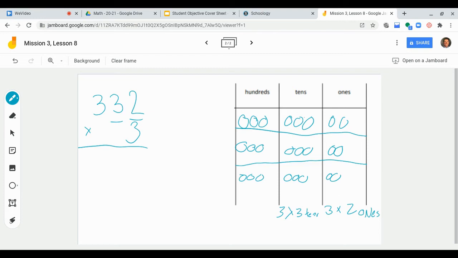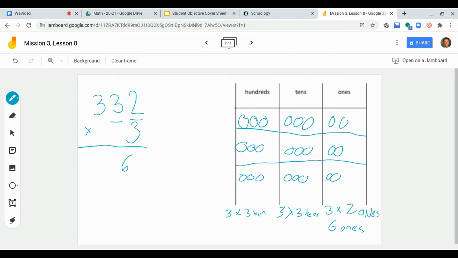And then here I did 3 times 3 hundreds. I'm just going to abbreviate that, hundreds. All right, so now 3 times 2 ones was 6 ones. And again, I ask myself, what number is 6 ones in standard form? It is 6. So I'm going to write my 6 on that first row here.